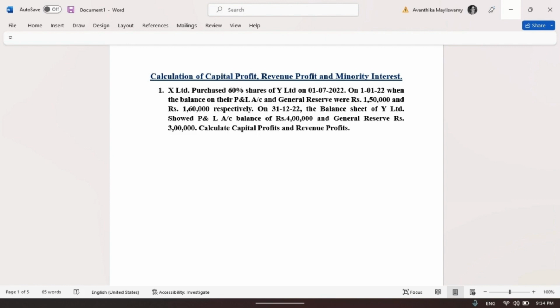We are being asked to calculate the capital profit and revenue profit here, which is nothing but our pre-acquisition profit and post-acquisition profit. So, from this question, it is very clear that X Limited is the holding company, whereas Y Limited is the subsidiary company.